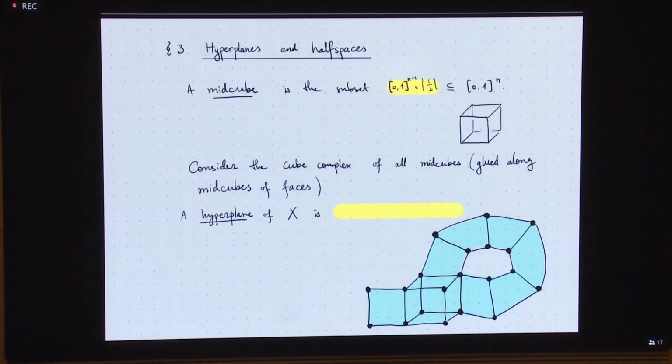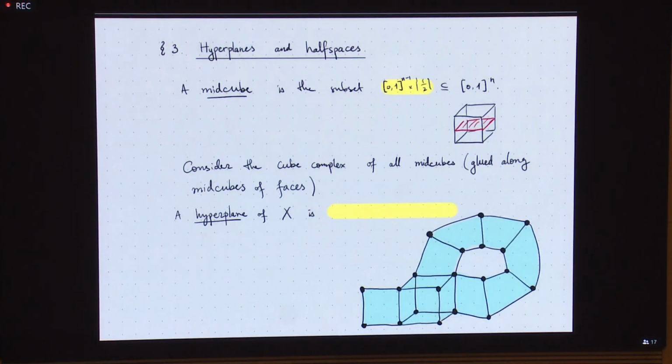Now let's consider the complex that you get by considering all mid-cubes of your given cube complex, and gluing them along the mid-cubes of faces. Again, hand-wavy sentence. Before you ask questions, let's do an example.